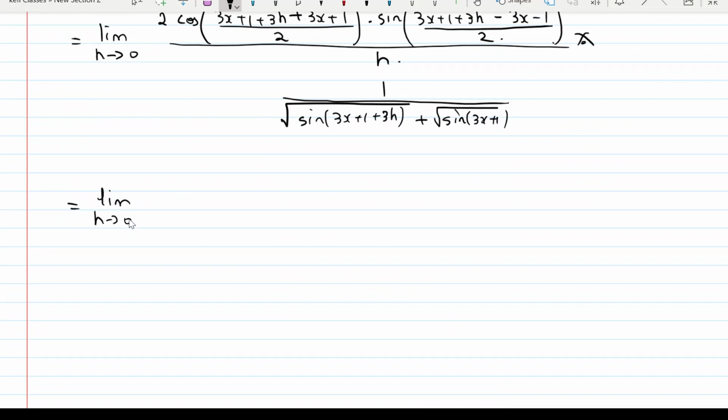as h tends to 0, 2 cos 2 times 3x plus 1 upon 2 plus 3h upon 2 into sine of 3h upon 2. 3x plus 1, 3x minus 1, they cancel, upon h.